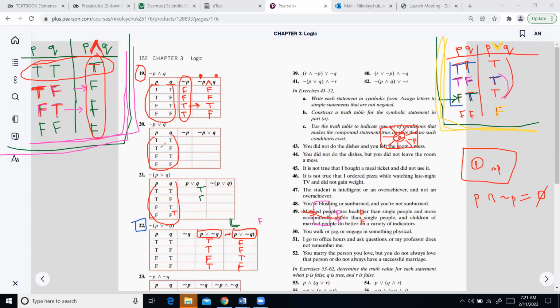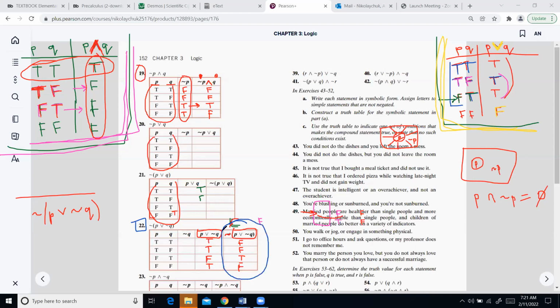Very similar to the previous, but there were a little bit more steps. And what I would like to tell you here is that to produce this table, we were actually looking for the result P or not Q. So that's actually the ending for the entire exercise, which is the column on the very right.